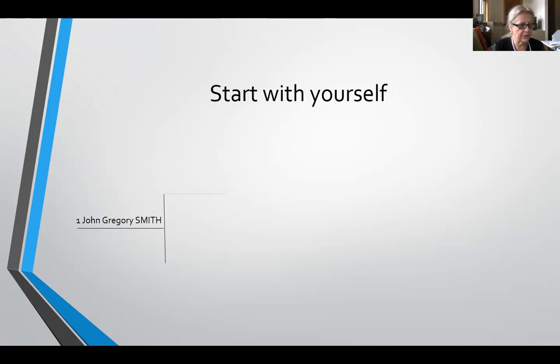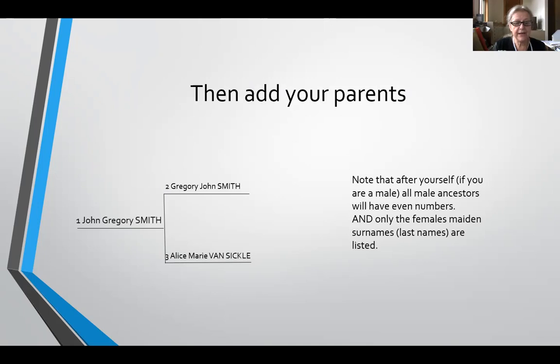So start from scratch. The next thing to do is to add the parents, your parents. Note that all the men in your family tree are going to be on even numbers. So your father is number 2, and your grandfather is number 4, and number 6, and so on and so on.